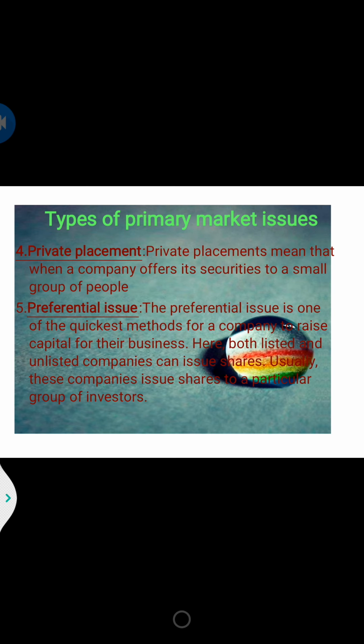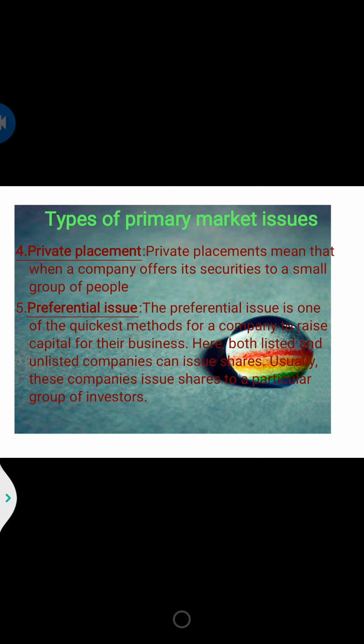Under this method, issue houses or brokers purchase the securities directly from the issuing company, and then place them with their own clients, not to the public, but to their own clients.